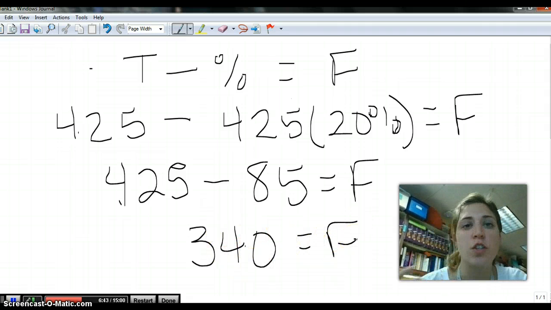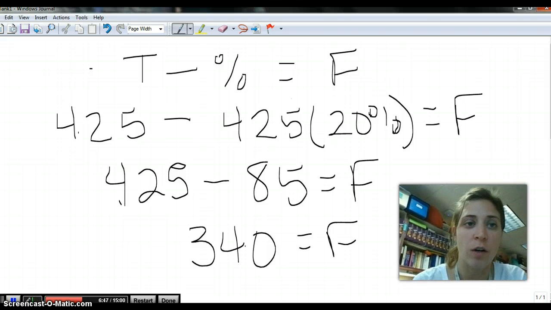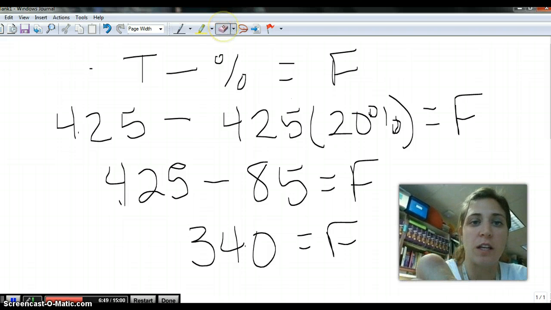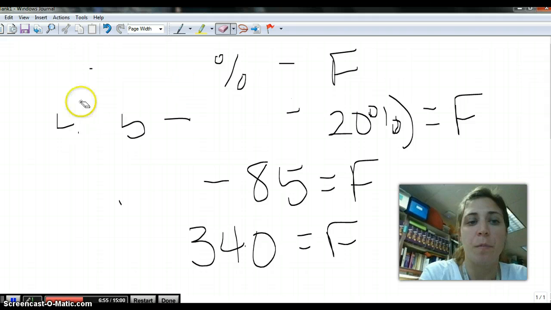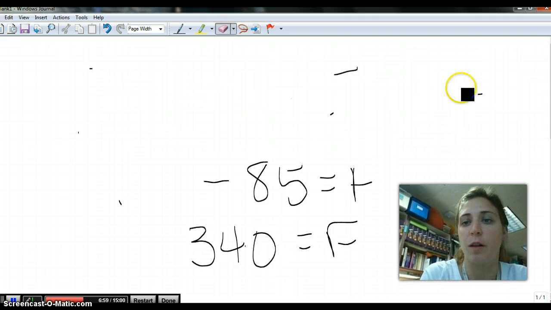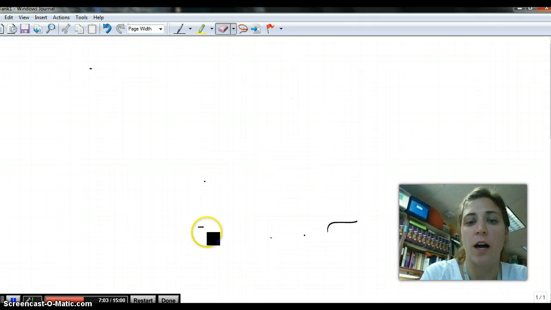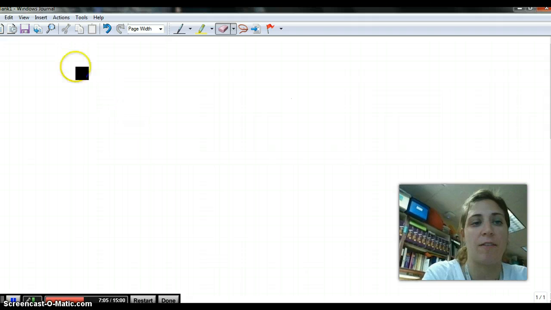Now there's a second way to do this that is actually, I think, a little bit easier to do. It just involves a little bit of thinking about what you're actually doing to make it work. So let me go back to this eraser. It seemed to be a little bit better. So for this one, it's kind of a sweet deal because you're taking 20% off of the price.